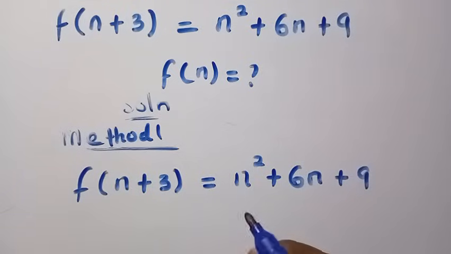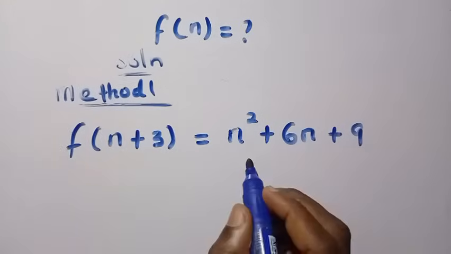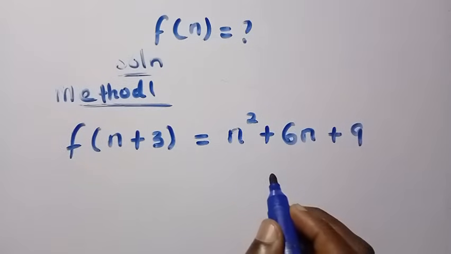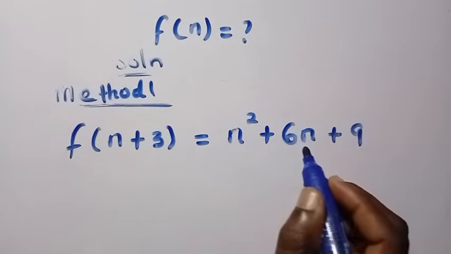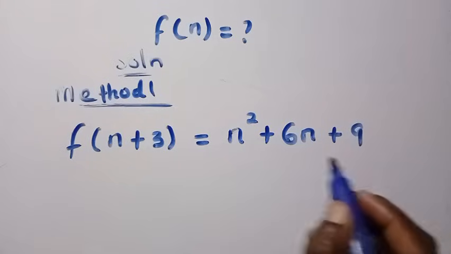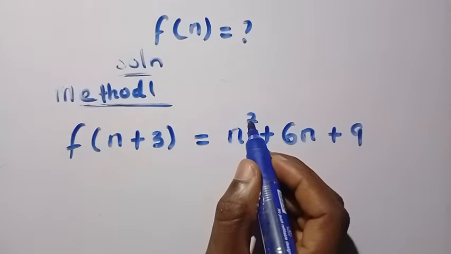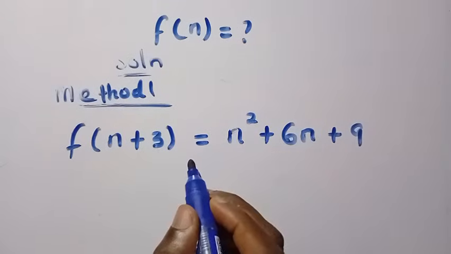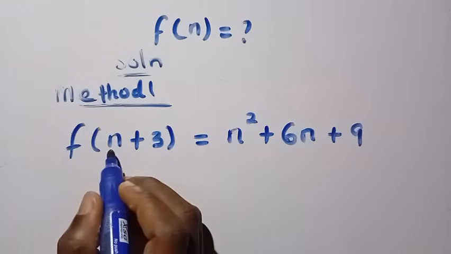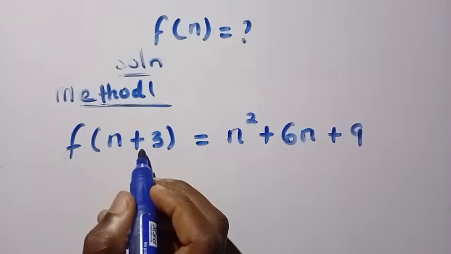So the n here is a member of the real numbers. That is, when we start from the right hand side here, n squared plus 6n plus 9 is a quadratic because of this power of n. And the domain is given as n plus 3 here.